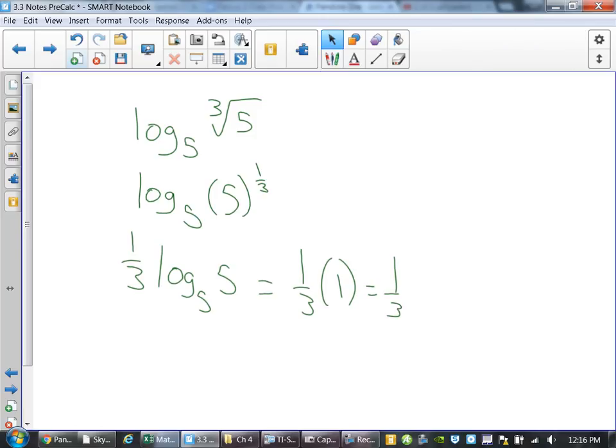Don't forget, the two properties that are going to show up pretty often are log base a of a is 1, and log base a of 1 is 0. Those two will show up pretty often with these things. And that's how you would simplify that logarithm without really having to do much work.